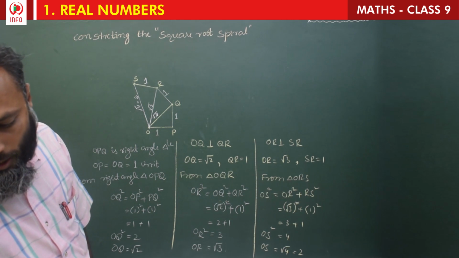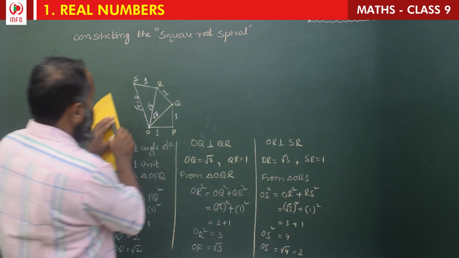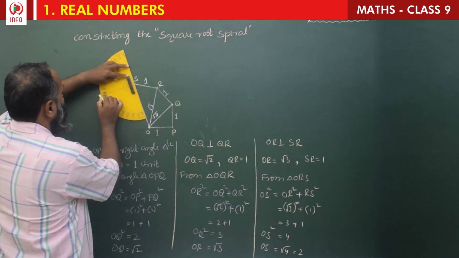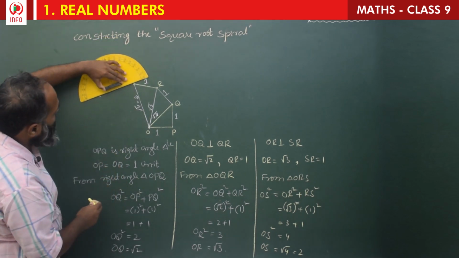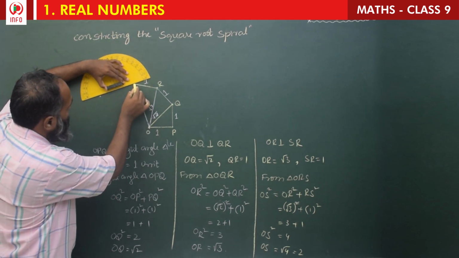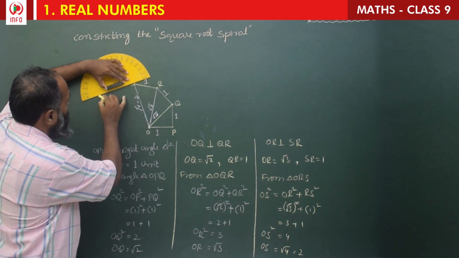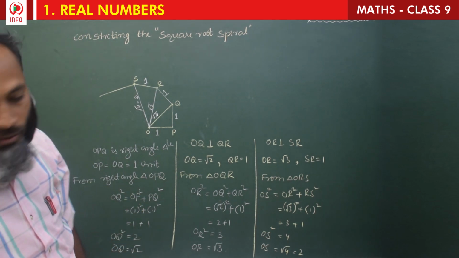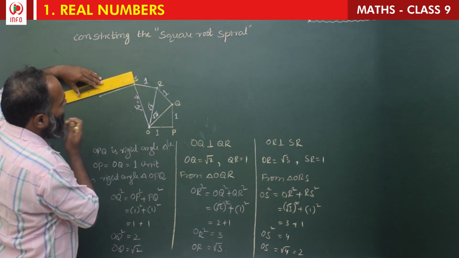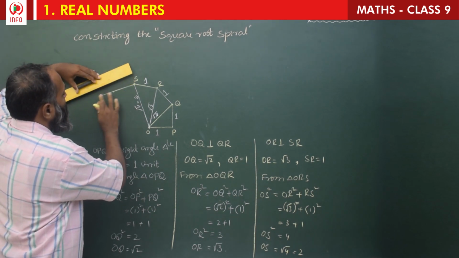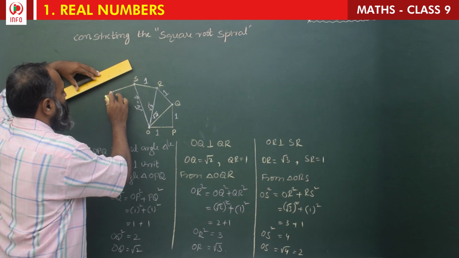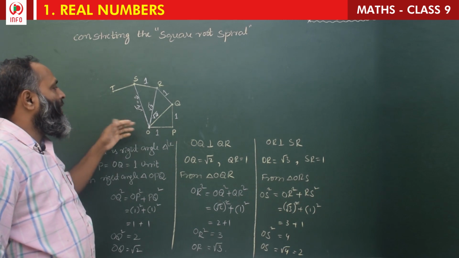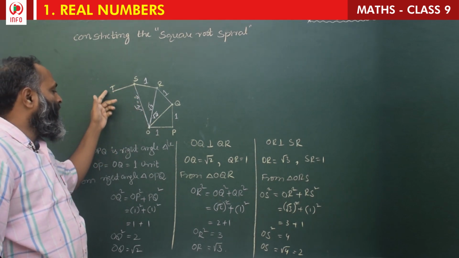Then again, with OS as a base, draw a perpendicular at 90 degrees. From S as a center, take 1 centimeter and mark a point T. Then join OT, and from triangle OST you will get OT as root 5.